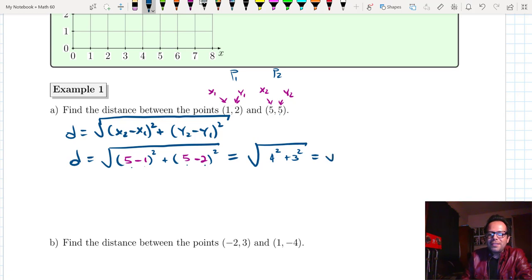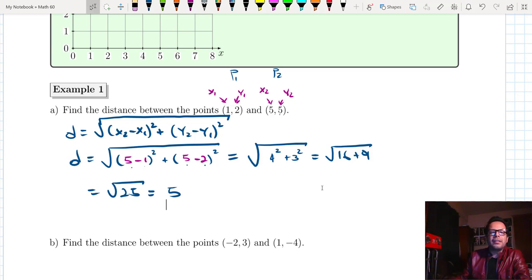So that's going to be 16 plus 9, which is the square root of 25. But what's the square root of 25? That's a really nice number, 5.